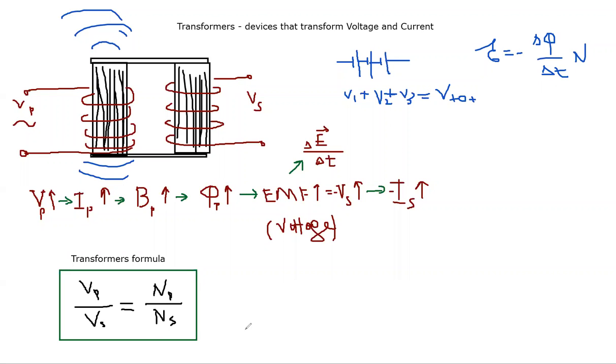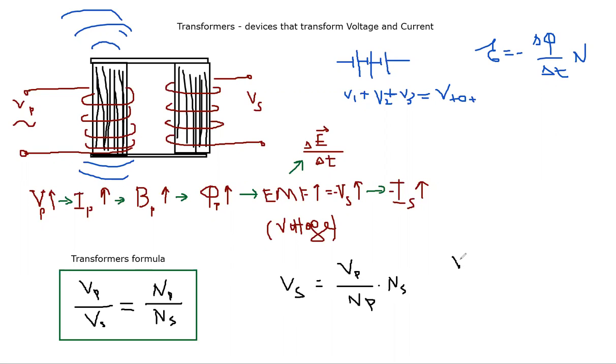So from here, we have a question. If we solve it for V secondary, right? Let's say Vs is going to be equal to V on the primary over N on the primary times N on the secondary.